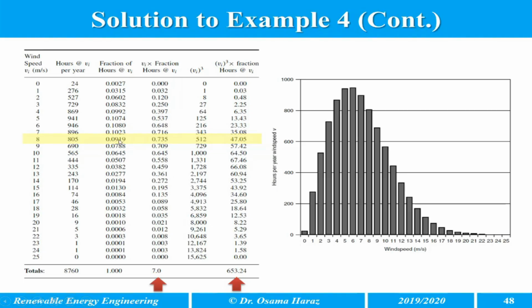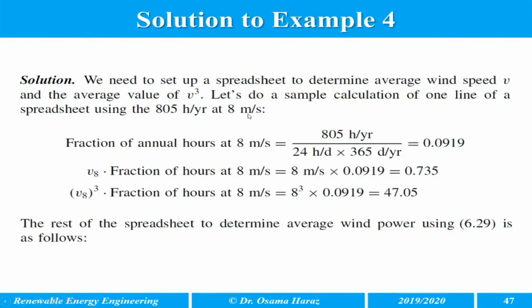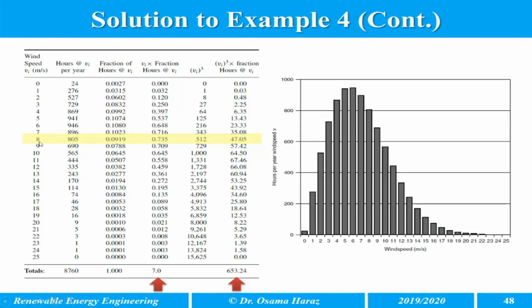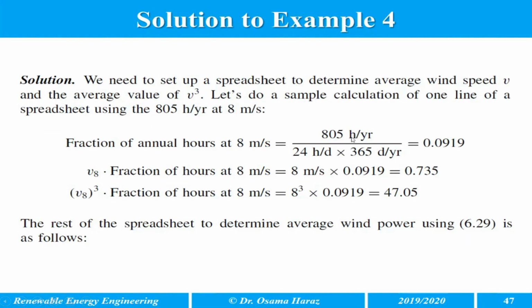At 8 meters per second, first we need to calculate the fraction of annual hours. That is 805 hours per year, divided by the total number of hours per year, 24 times 365.